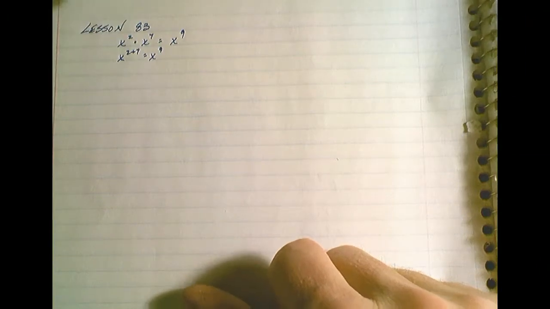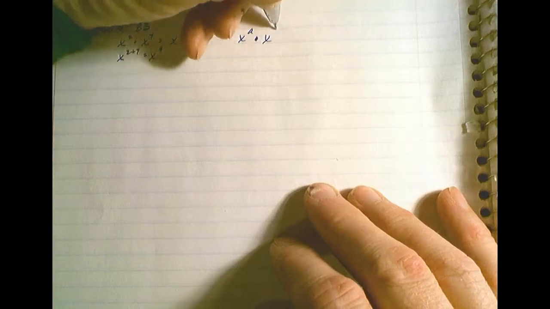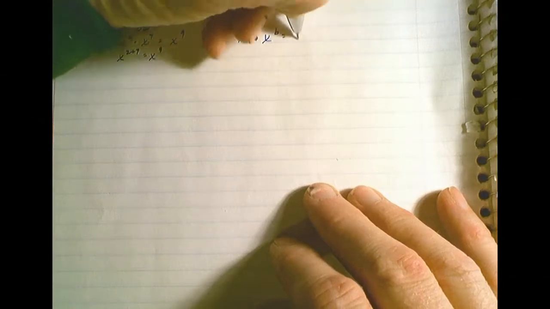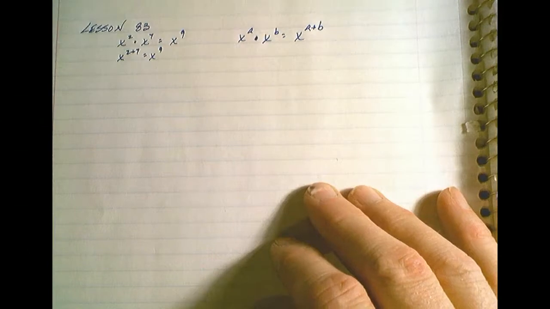Okay. It doesn't matter if those exponents are numbers or letters or what they are, you will still get the sum of the exponents. So for instance, x to the a power times x to the b power equals x to the a plus b power.